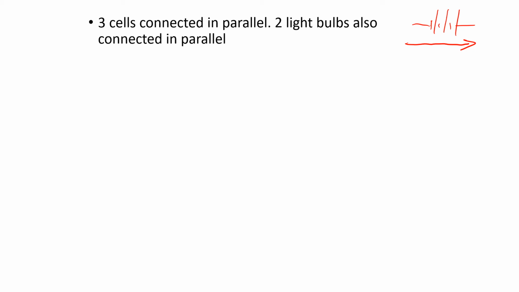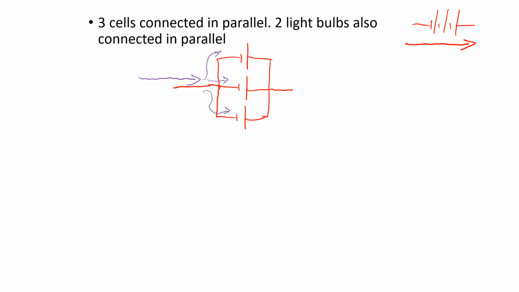So now, I'm just going to do this in purple. So if the electricity is coming through here, okay, it now has an option of going up this way, straight through this way, or can go down this way. So since it has options, we say that these 3 cells are parallel.